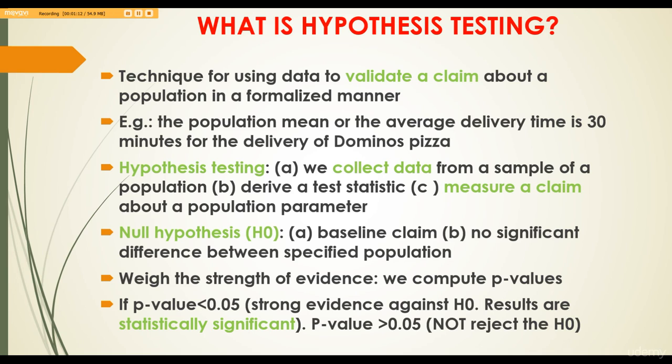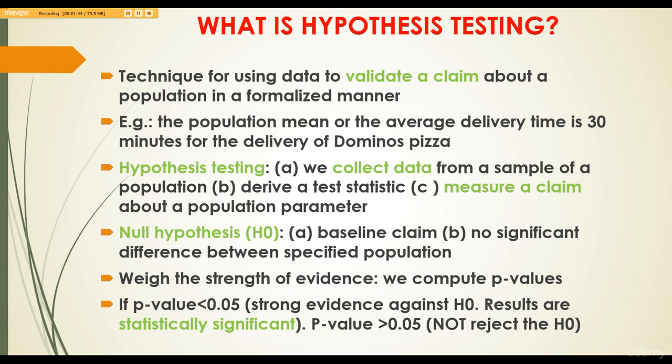After we compute the test statistic, we weigh the strength of the evidence, and for that we compute something known as p-values. If the p-value is less than 0.05, then there's strong evidence against the null hypothesis and the results are statistically significant. So, there are statistically significant differences between specified populations, and if the p-value is greater than 0.05, we do not reject the null hypothesis.